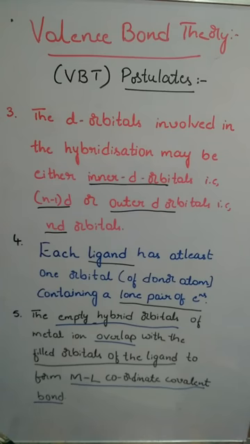Based upon these postulates, we are now going to check how the bond is being formed in the complexes, what hybridization it shows, and what magnetic properties it exhibits. We have 4 examples, and we are going to study each one by one in detail.